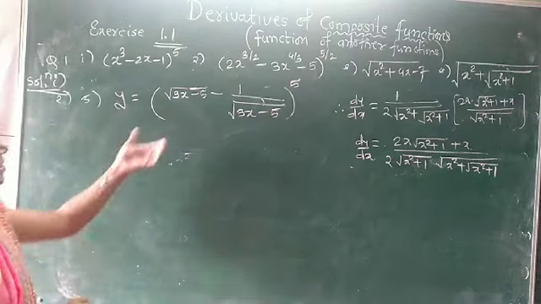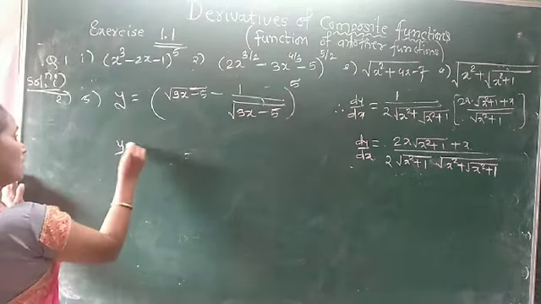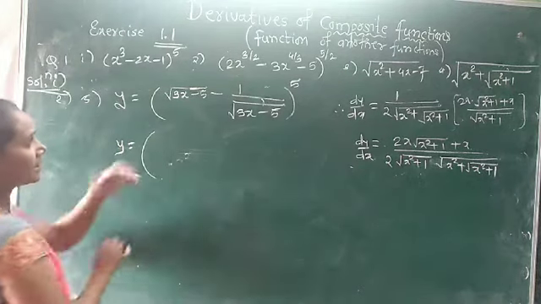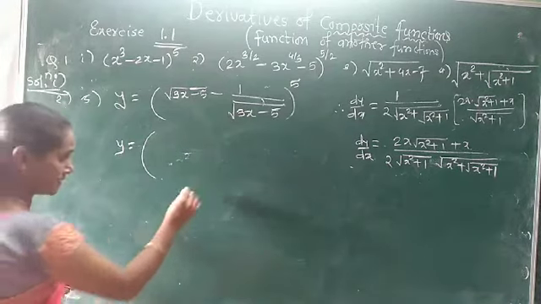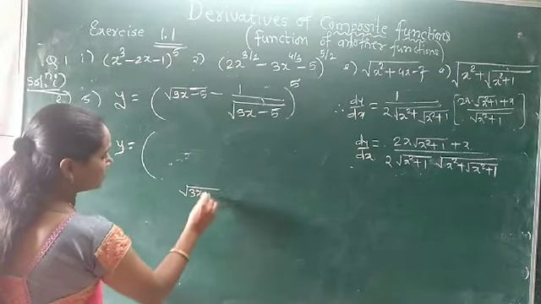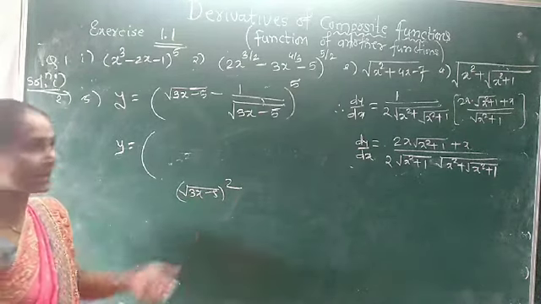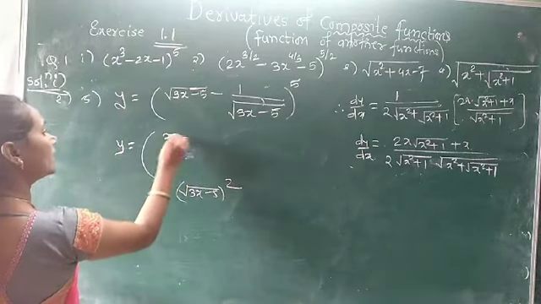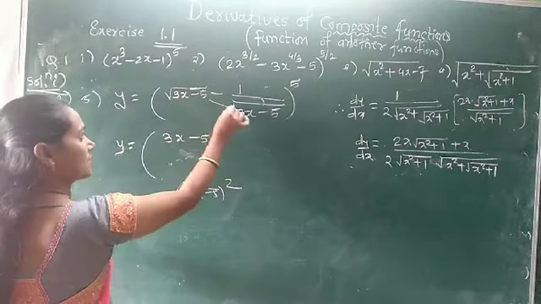Now first we simplify this term. So how we simplify this term? By cross multiplication, we are rearranging this term. So root 3x minus 5 into root 3x minus 5 becomes root 3x minus 5 bracket square. Now this root and square will get cancelled, so here we get only 3x minus 5 by this multiplication.